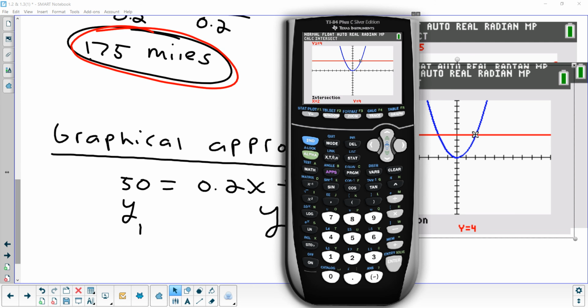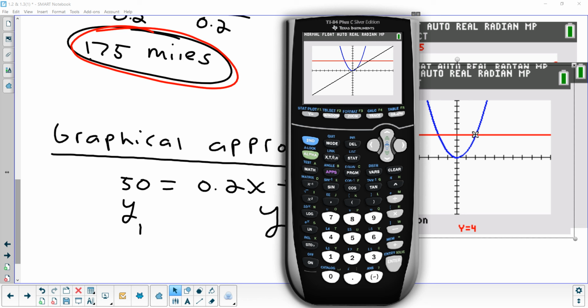Now, you might also be like, well, why do you have to hit that first curve, second curve thing? That's if you had more than one line on the screen. Something like this. The calculator can only work with two lines or two curves at a time.